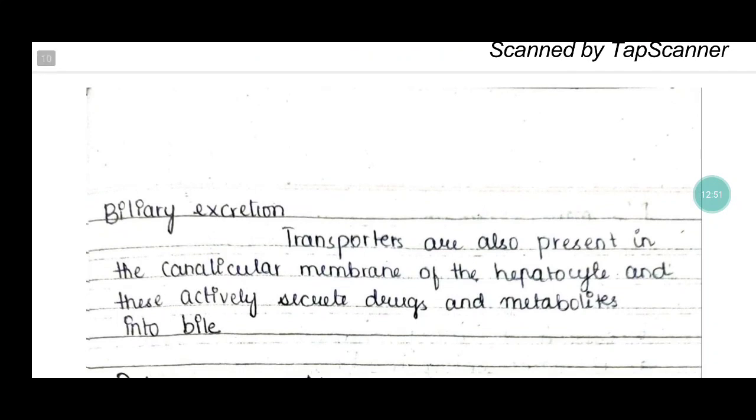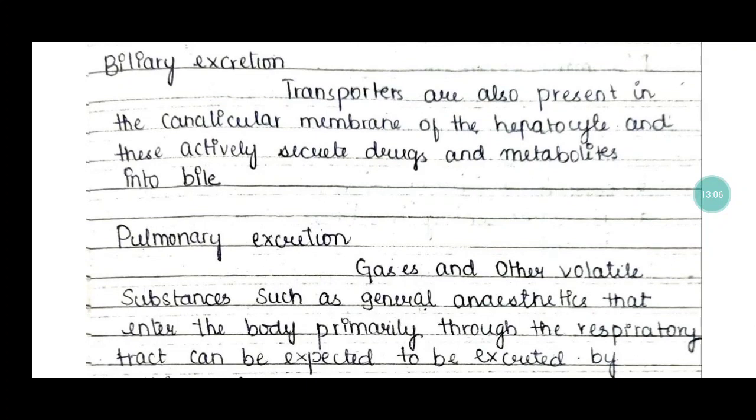Number 2, that is biliary excretion, from bile. The transporters are present in the canalicular membrane of the hepatocyte, and these actively secrete the drug and metabolites into the bile. Number 3, pulmonary excretion.